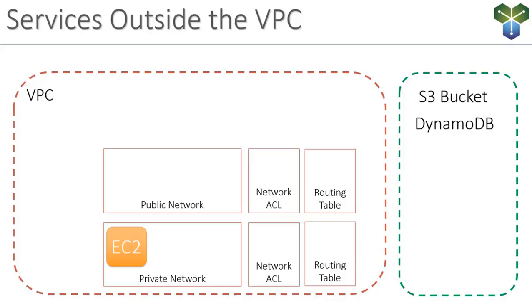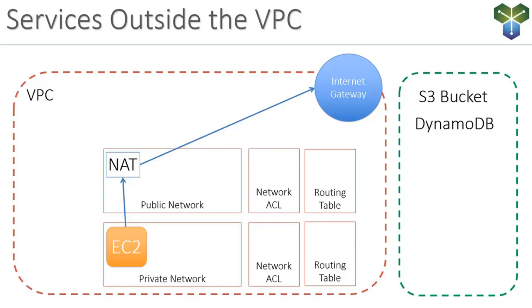So in order to communicate with those services outside the VPC, the traffic from the EC2 instance in a private network is going to need to traverse an internet gateway. So we're going to have either a NAT instance or a NAT gateway, creating the ability to communicate over the internet, and then the traffic is going to flow over the internet to that S3 bucket or that DynamoDB table. So this is what we're trying to get away from.